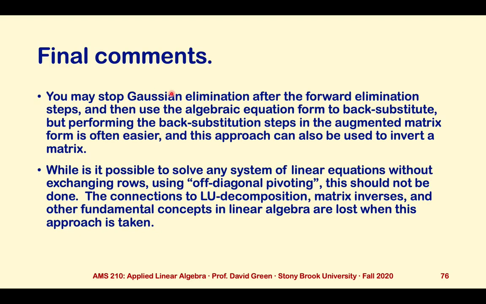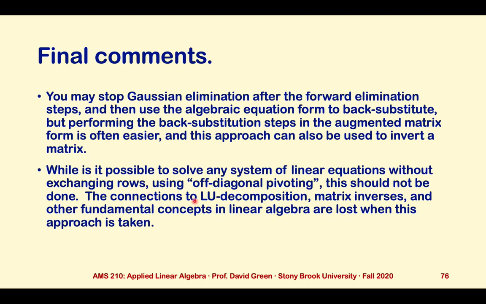If you feel less comfortable doing back substitution at this stage, you can shift back to the algebraic equation form to do back substitution. I do think it's good to get the practice doing back substitution in augmented matrix form. We will find with some later applications that we need to do that, but it's not absolutely required if you really just don't feel comfortable doing those back substitution steps in that framework.